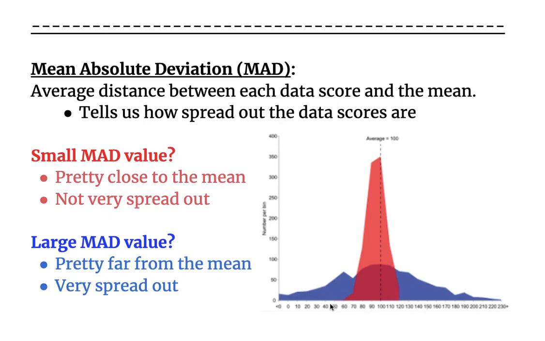So if the distances are huge, that means all the data is pretty spread out. If you look at the blue, this is what it kind of looks like if you have a large MAD value. Everybody has a pretty big distance away from the average. You might want to use some colors in your notes, but be sure you have the definition. And this little graphic is very helpful to let you know what your MAD means.